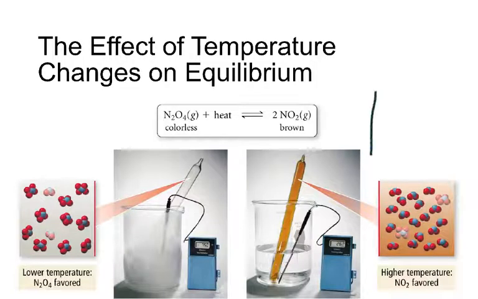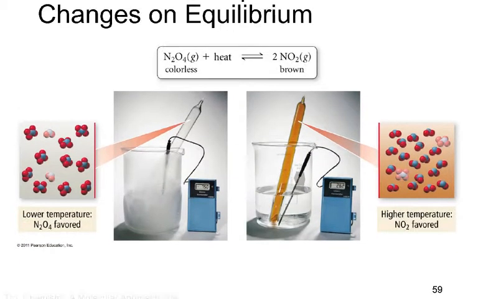So in this case, we have our reaction between N2O4 and NO2. Written this way, it's an endothermic reaction. Heat we can think of as a reactant. And so if we get rid of heat, we're going to shift to make more heat. We're going to shift towards our products.